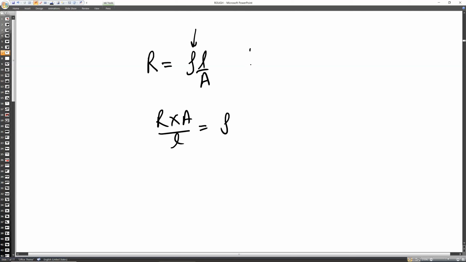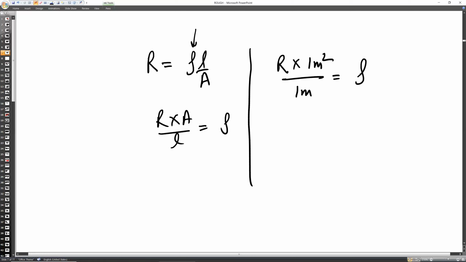Now if I take this area as 1 meter square and this length as 1 meter, this time the resistivity will become equal to the resistance.